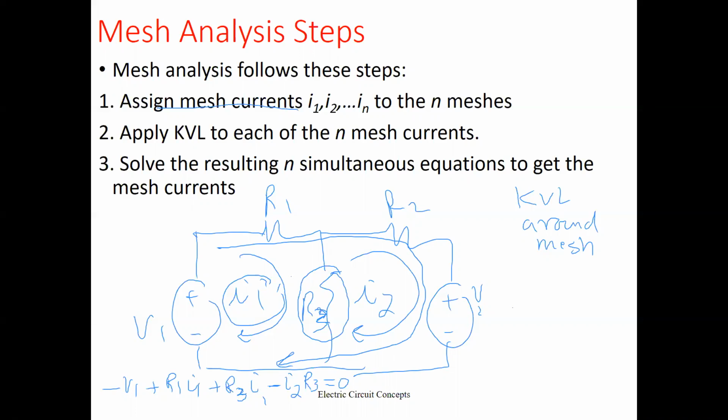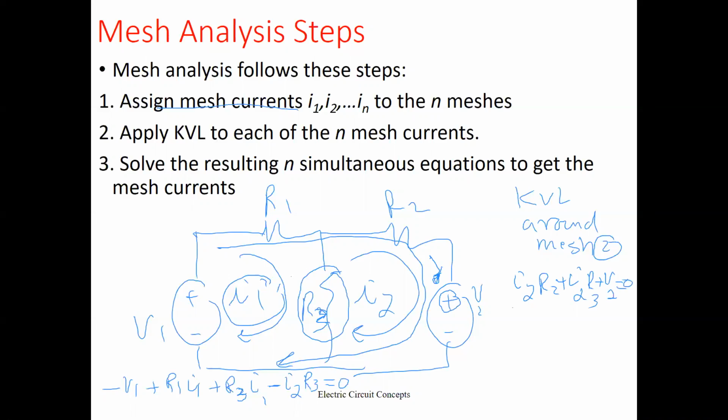Okay, so now if I go back to apply KVL around mesh number 2, I have I2 times R2, and then I have I2 times R3, and also I have the voltage V2. Now V2 will be a plus because I2 is hitting the plus sign of the V2. So it will be V2 equals to 0.